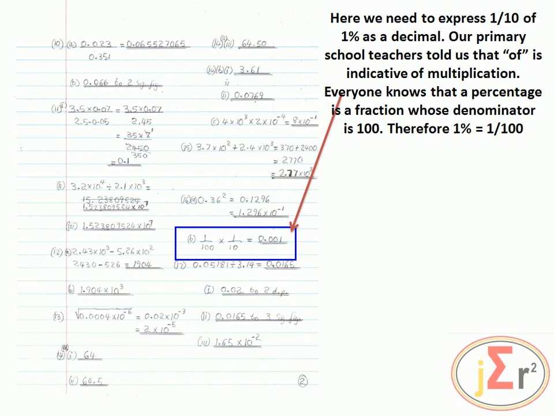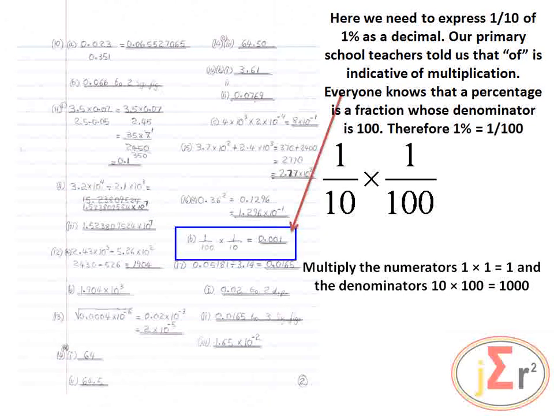Everyone knows that a percentage is a fraction whose denominator is 100. Therefore, 1% is equal to 1 over 100. So, 1/10 multiplied by 1 over 100.